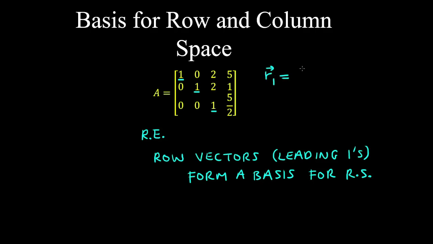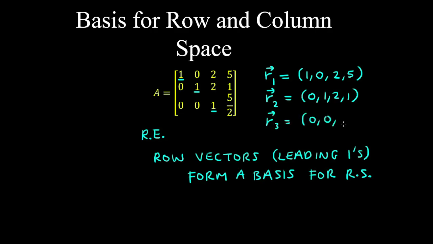So the first row vector is 1, 0, 2, 5, and the second row vector is 0, 1, 2, 1, and the third row vector is 0, 0, 1, and 5 on 2. So these row vectors form a basis for the row space of A.